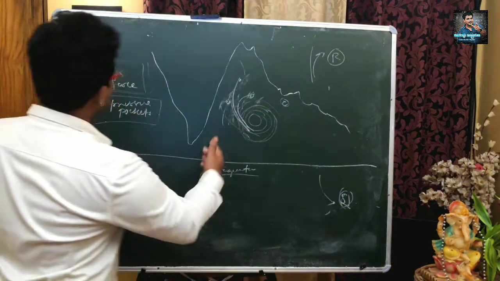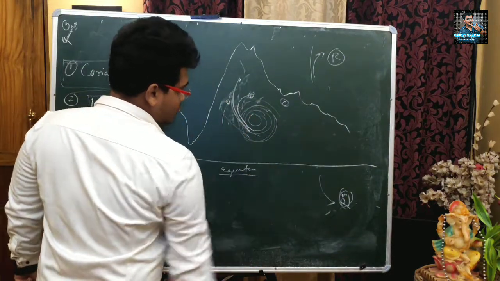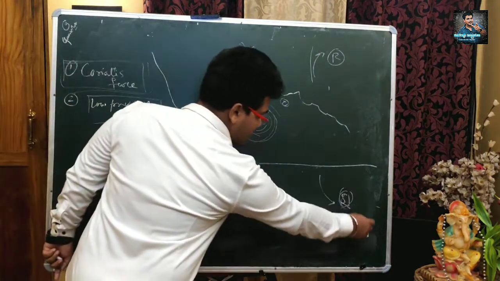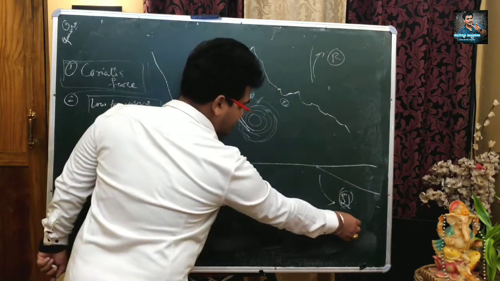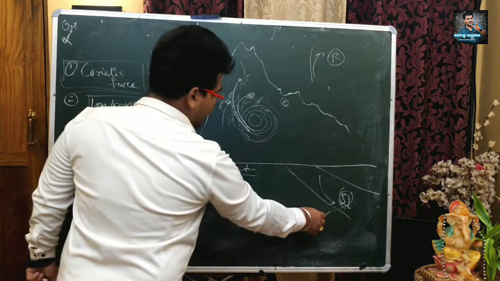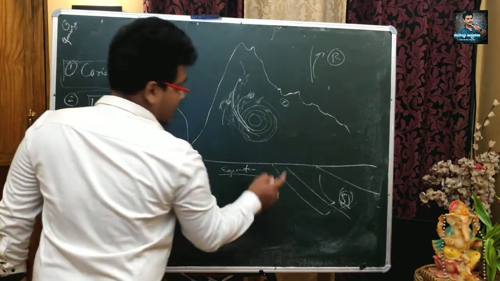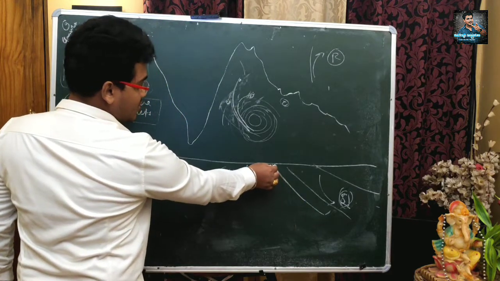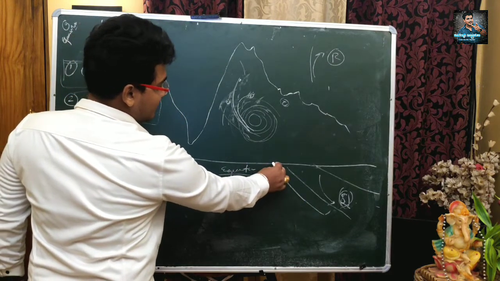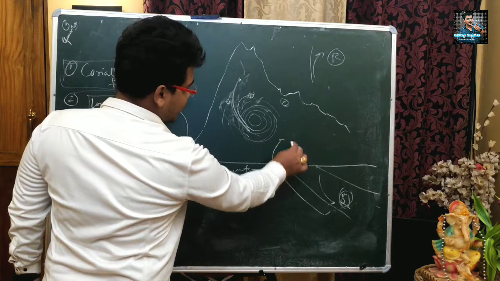The same thing also happens for the post-monsoon cyclones. Here comes our rule, because the winds entering the northern hemisphere will deflect towards the right.